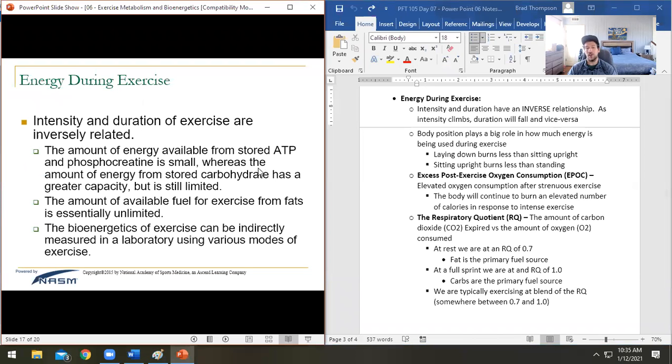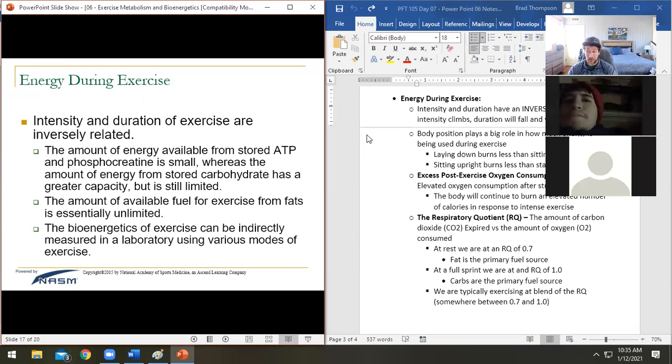So the amount of energy available from stored ATP, that's your phosphocreatine system, it's really small. Whereas the amount of energy from carbohydrates has a greater capacity, but it's still limited. You only have so much glycogen in your body. So the amount available from stored fat in your body, guys, even if you have a really low body fat percentage, is essentially unlimited.